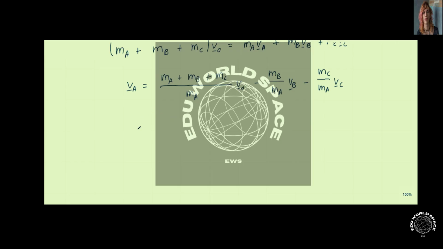And simplifying this, we get this to be 6 V0 minus 2 VB minus 3 VC, since we know the masses of these three fragments.